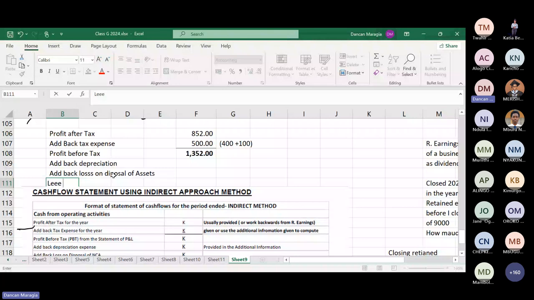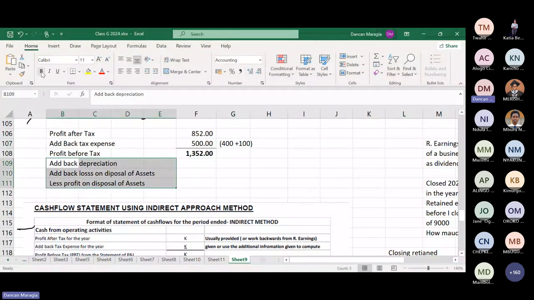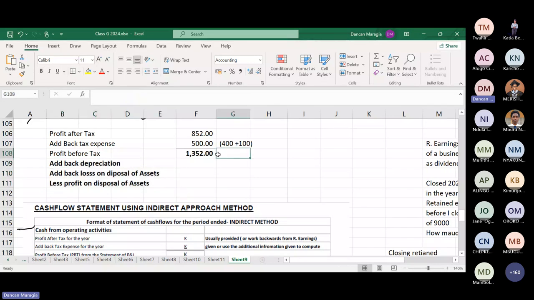And less profit on disposal. These are not cash items. These are non-cash items.